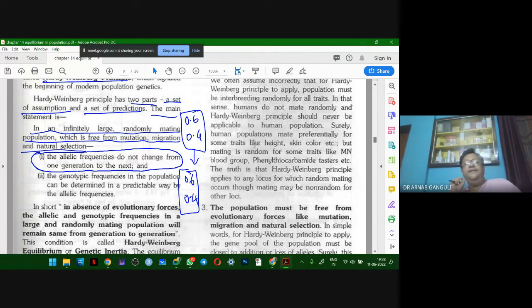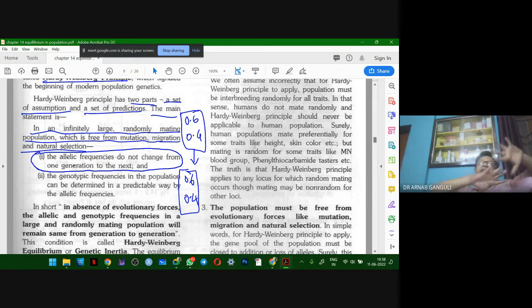If out of 10 individuals, 6 individuals are testers, in that population, it has to be infinitely large. That is infinite, as large as possible. The larger it is, the more accurate it is. But in a smaller population, this doesn't work. You have the Sewall Wright effect, genetic drift taking place.